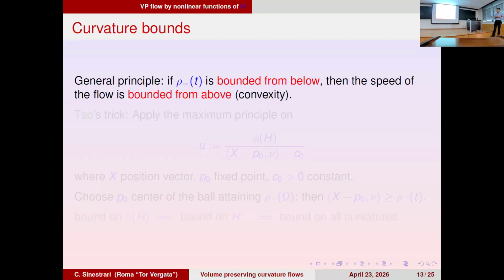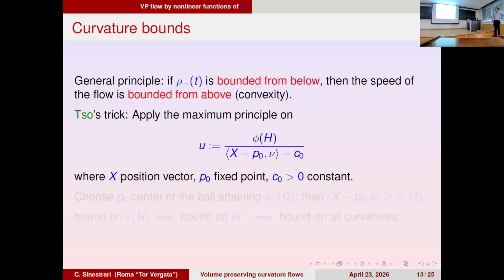The general idea, which is very flexible and applies to a large class of speed functions, is this: if you have a uniform bound on the inner radius, then you can apply this argument to show that the speed of the flow is bounded from above. One can consider this function, where the numerator is the speed, and in the denominator there is an expression including basically the support function.